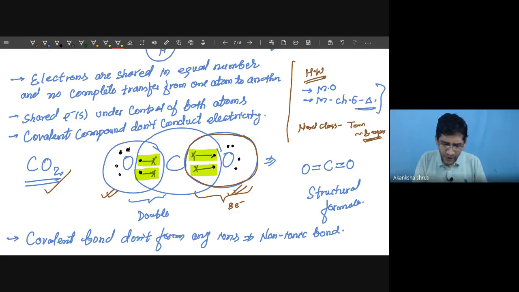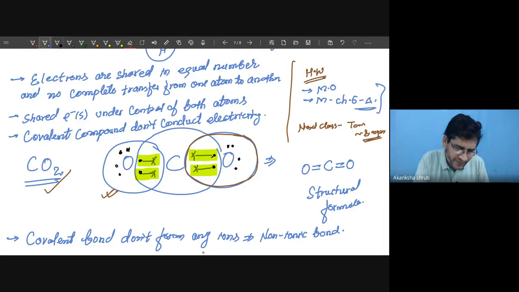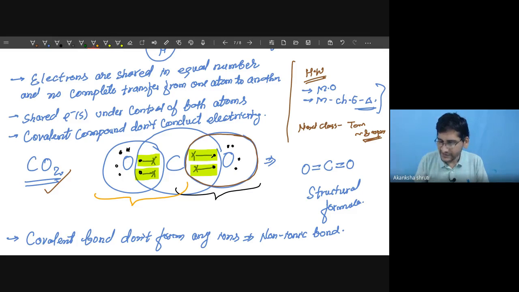So the type of bond here is the double bond, and this double bond always has to be looked at in terms of 2 atoms. Either you look at the carbon with the oxygen on the right hand side, or you look at this carbon with the oxygen on the left hand side.